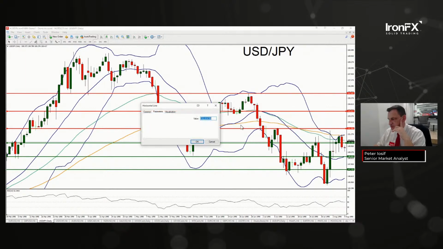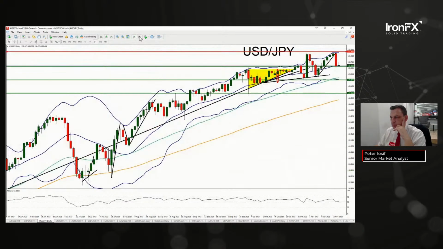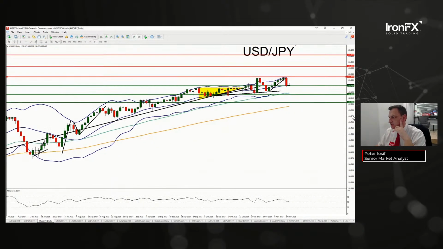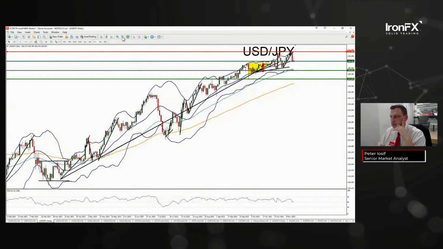And the second resistance line at 153.80. We're talking about 200 pips lower. Okay. Readjusting the chart. Let's place some labels here. Zooming out.